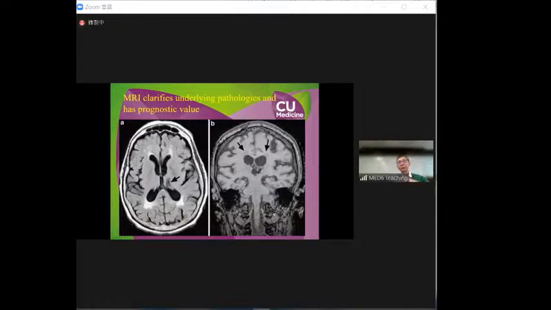This is a coronal view of the brain, cut from the top to bottom. So what's this structure? Anyone?